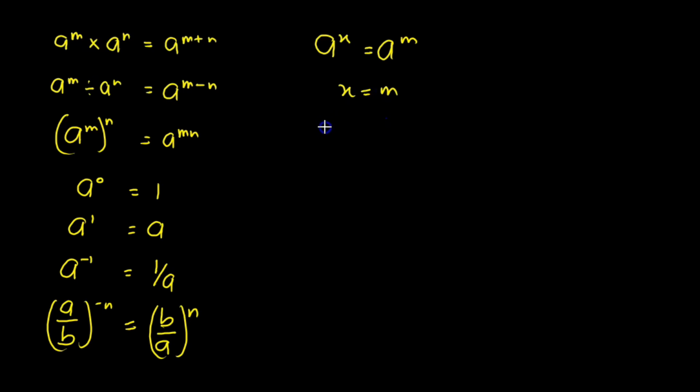Likewise, if I have x to the power a equal to m to the power a, finding the value of x, since they have the same power and we have individual exponential functions at both sides of the equal to sign, then we can do away with the powers and say that x is equal to m.